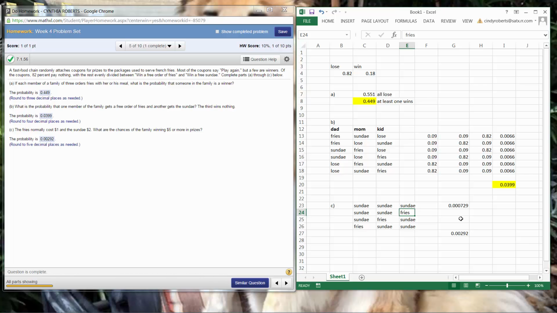So once again, the only way this is going to happen in this case is I look at these probabilities that they get a win, win, win. And in this case, it's that 0.09. Doesn't matter which cell I pick up here, whether it's all fries or all sundaes, because both of them are 0.09. And then I multiplied these 3, so 0.09 times 0.09 times 0.09.